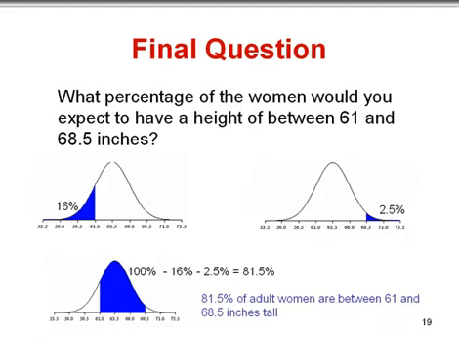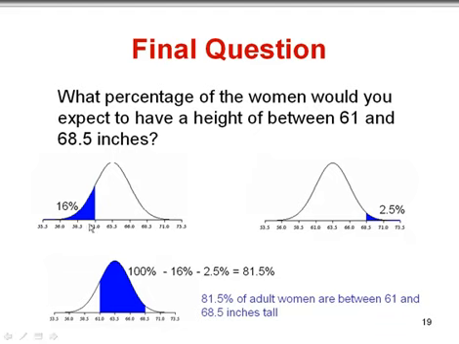Finally, our final question is, and this is the most challenging because it mentions two numbers, one that is one standard deviation from the mean and the other that is two standard deviations from the mean. Here's the question. What percent of women are between 61 and 68.5 inches tall?